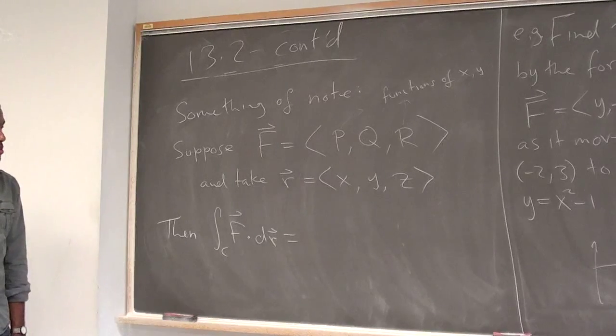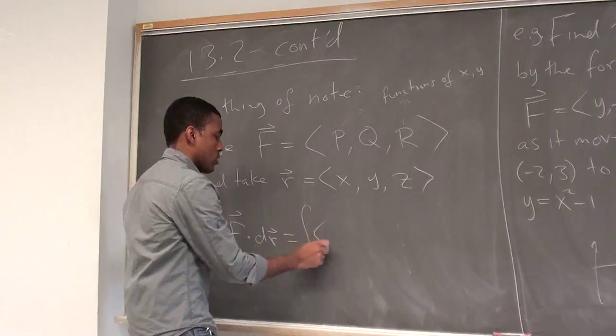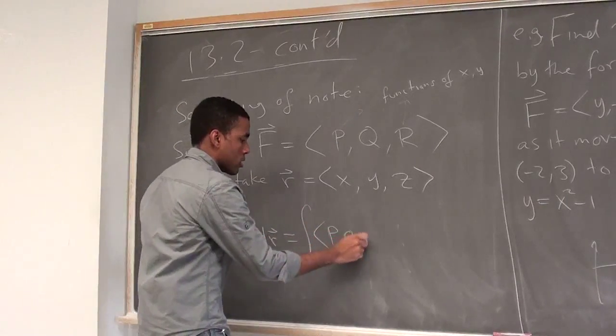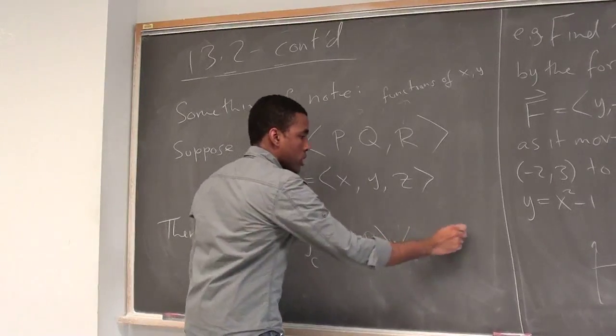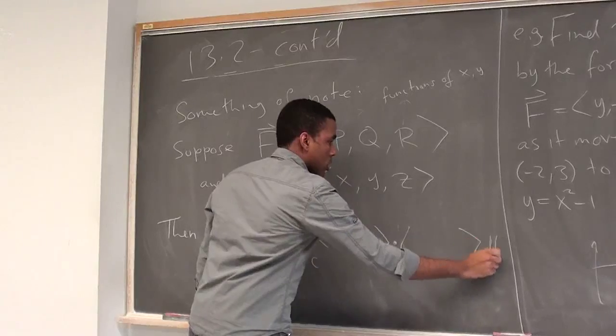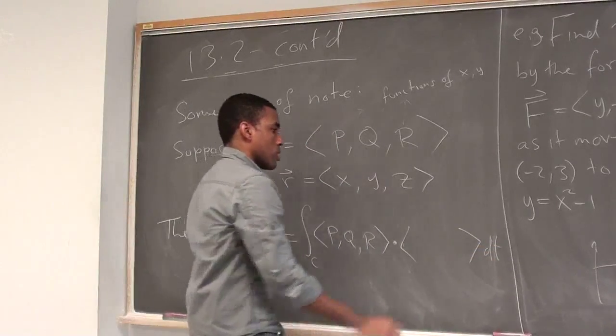How would it look? Well, this would look like the integral along C of F, which is P, Q, R. Of course, you're going to plug in the parameterization. Dot product with, what is that going to look like? That's close.